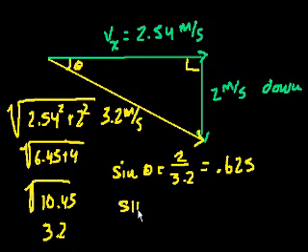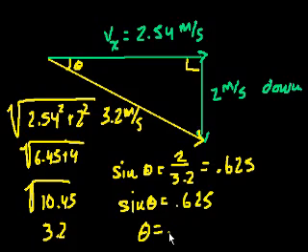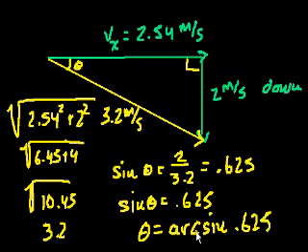So we know it's just the inverse function of sine. So if sine of theta is equal to 0.625, then theta is equal to the arcsine of 0.625. When you say arcsine, this is saying, tell me the angle whose sine is this number. That's what arcsine is.